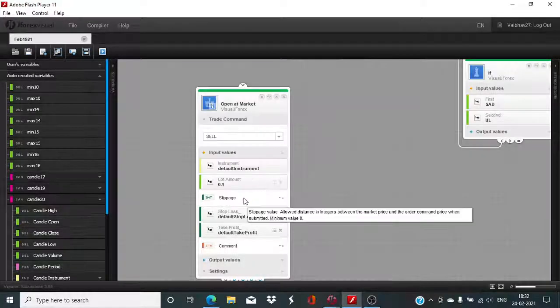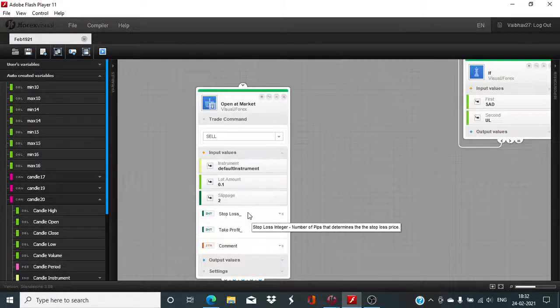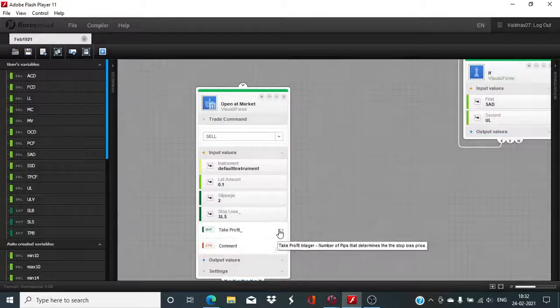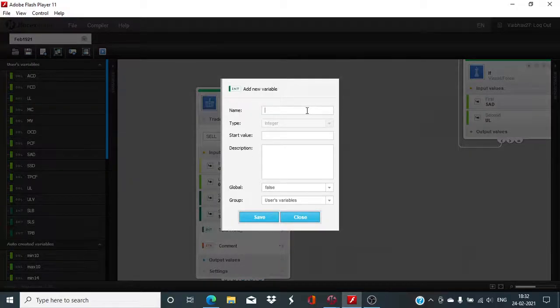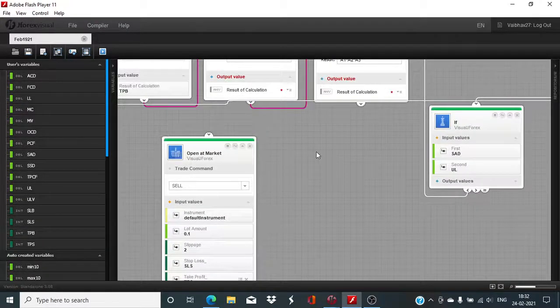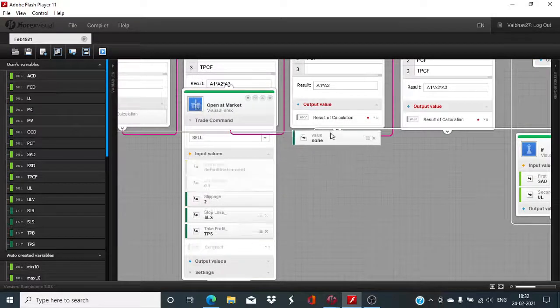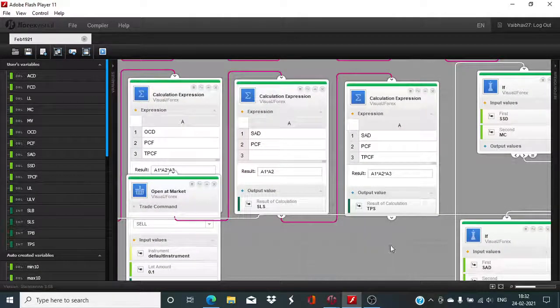Slippage of 2 pips. Stop loss and target price, we will create new variables, this will be a profit sell side, and for both these we have done the calculations, and these values will be derived from these calculations.